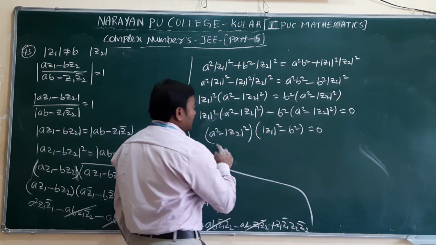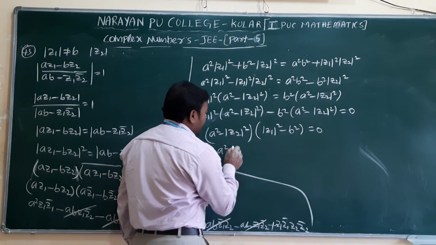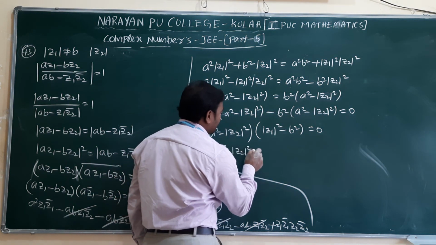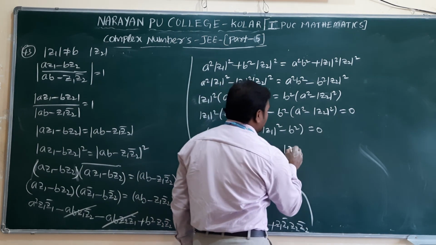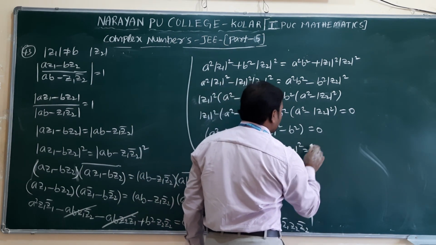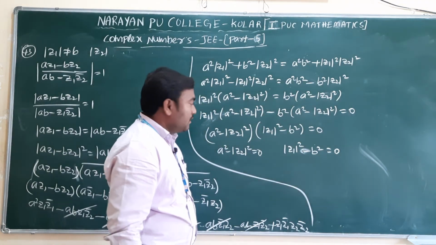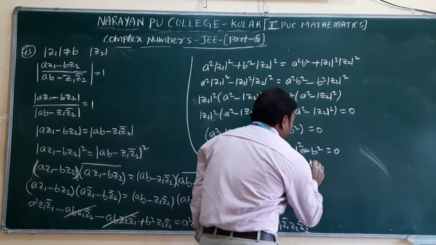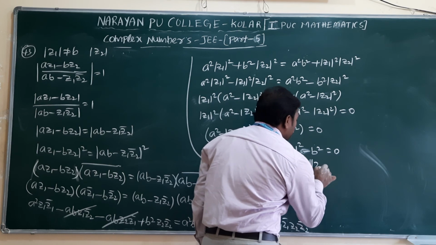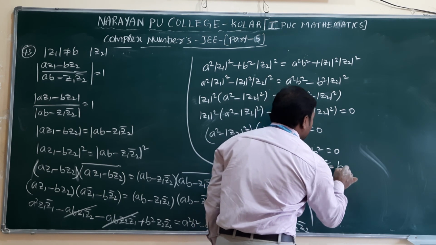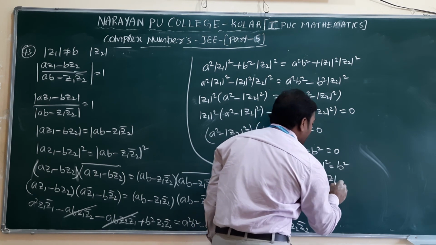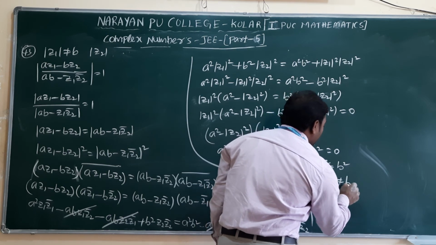But what we get here? So here a squared minus modulus of z2 squared is equal to 0, and modulus of z1 squared minus b squared is equal to 0. Now here modulus of z1 squared gives b squared, but already they have given modulus of z1 is not equal to b.